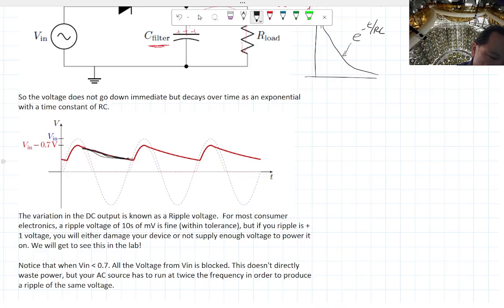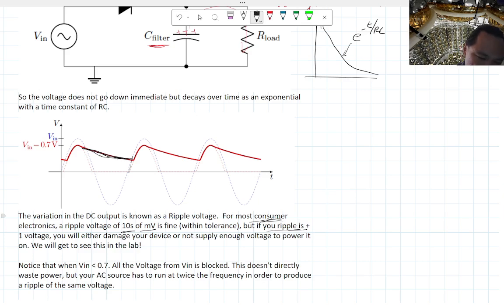Therefore, instead of having the voltage go to 0 right away, it goes down slowly, and hopefully your AC voltage is fast enough so that it ramps back up before it gets to 0, and therefore you have what's known as a ripple. These ripples are okay as long as they're maybe in the tens of millivolts. That's within the tolerance of the DC device you're dealing with.